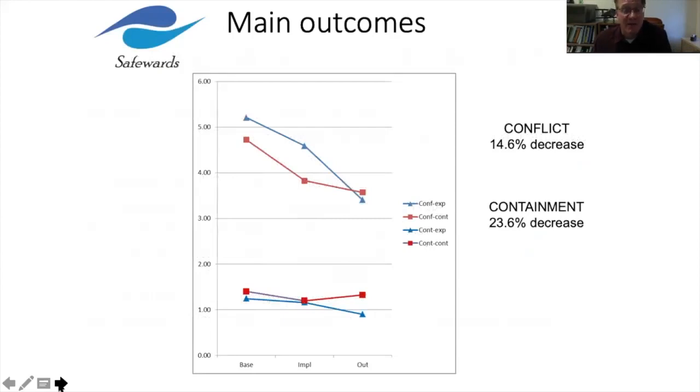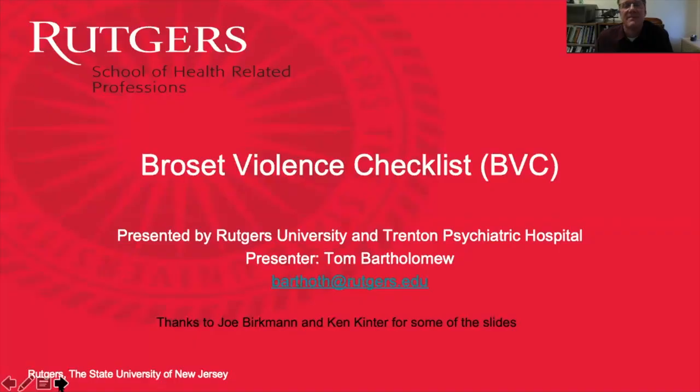It also went down in the control unit, but not as much. And also containment was reduced even to a larger degree, nearly 24% reduction. So if we use these strategies, we think this way, we're likely to make progress in reducing violence and containment.